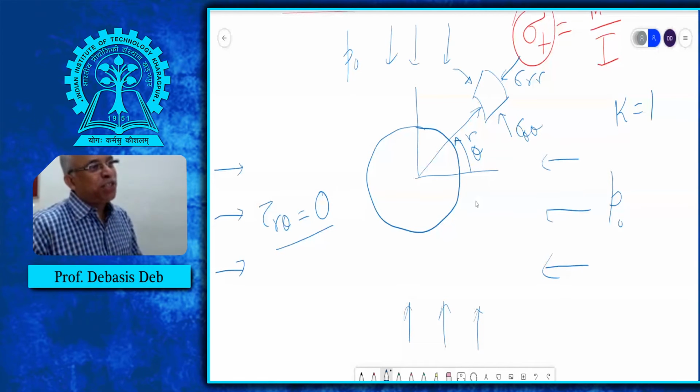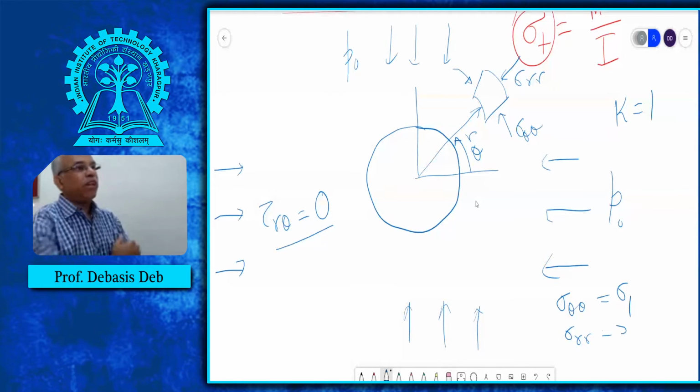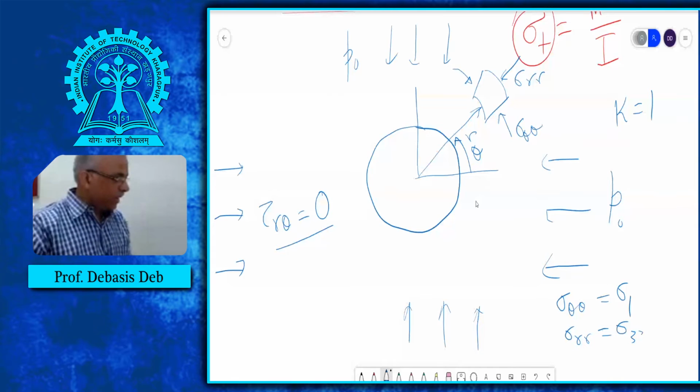So this becomes a principal plane. So if this is a principal plane, I can now say sigma theta theta is nothing but my sigma 1 and sigma rr is my sigma 3. That's the minor one, and sigma theta theta is the major one. So right now we are in a principal plane.